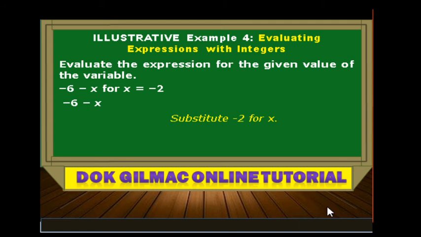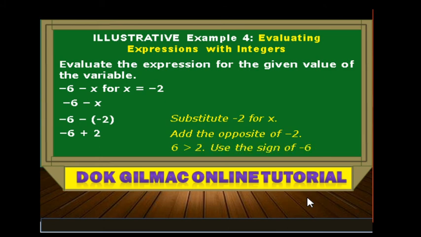So we have negative 6 minus negative 2. Add the opposite of negative 2. So we have negative 6 plus 2. So 6 is greater than 2. Use the sign of negative 6. So 6 minus 2 is 4. Okay, copy the sign of negative 6. So we have negative 4.